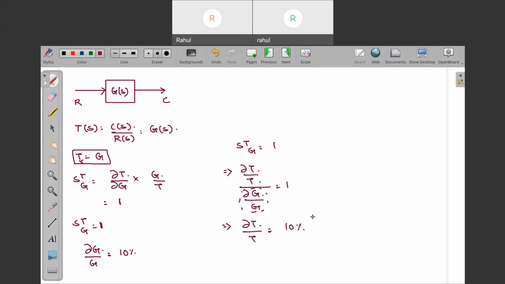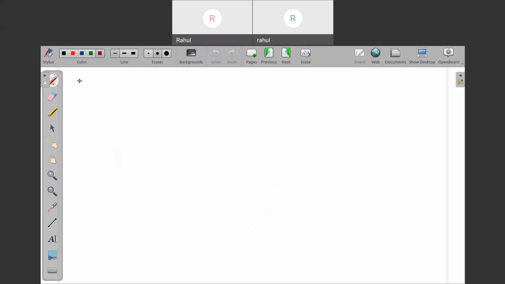Okay. So if there is a fractional change of 10% in the forward path, then your overall transfer function will also have 10% variation. Okay. Now suppose we take the same example in case of your closed loop system.